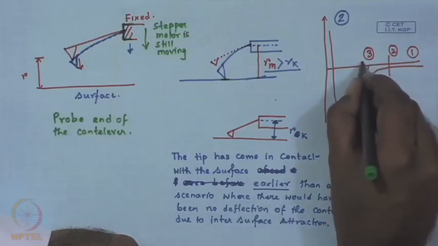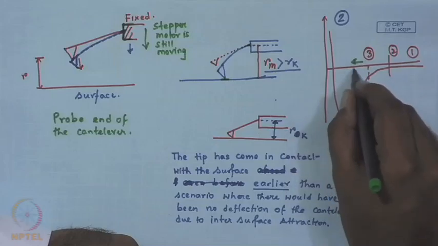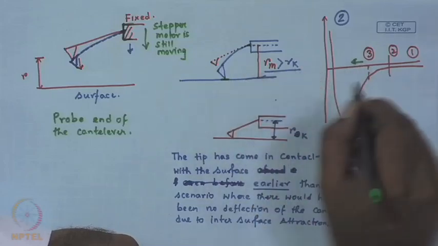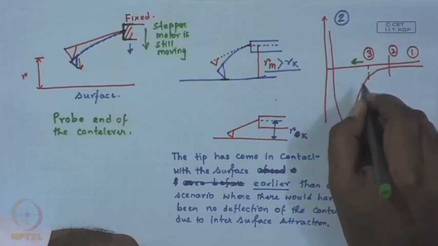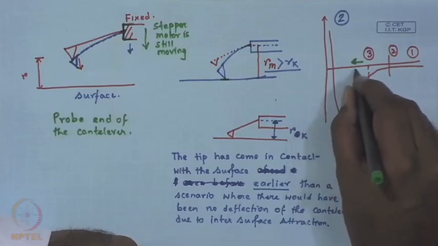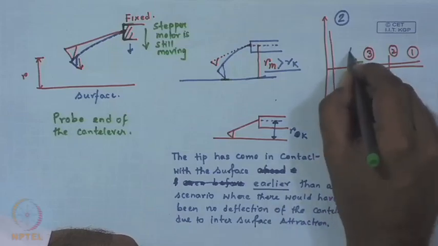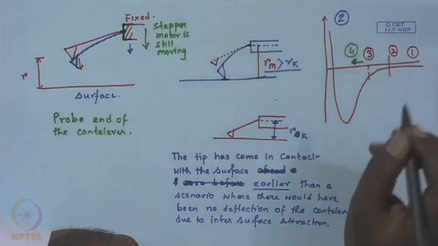So, you can understand you are bringing it closer, so the level of attraction also increases. That increased level of attraction gets reflected in terms of an increased level of deflection. This is important. So, from 3, let us say you have come to 4, which is even closer.